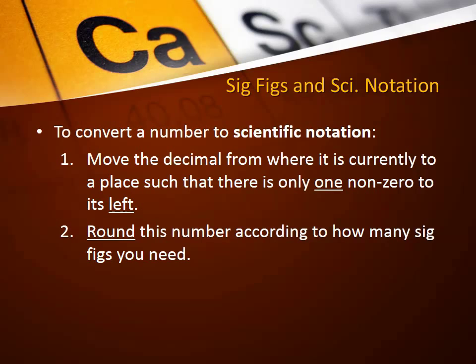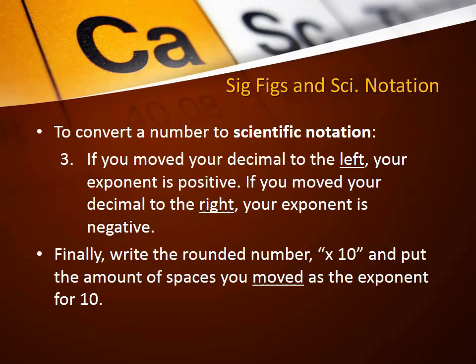To convert a number to scientific notation, move the decimal from where it is currently to a place such that there is only one non-zero to its left. Round this number then according to how many sig figs you need. Thirdly, if you moved your decimal to the left, your exponent is positive.